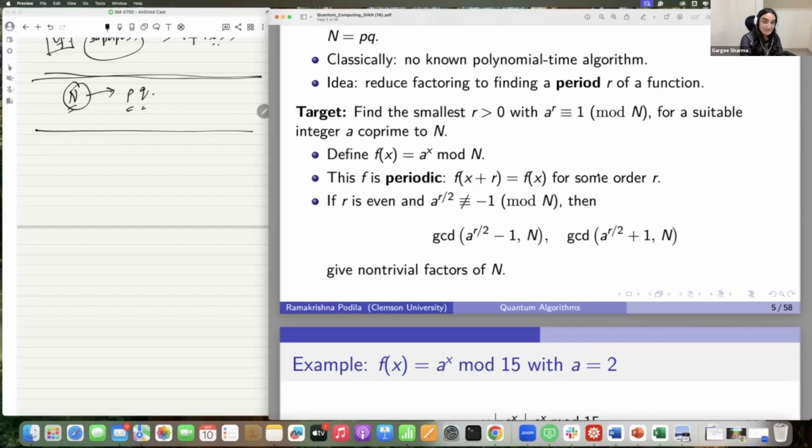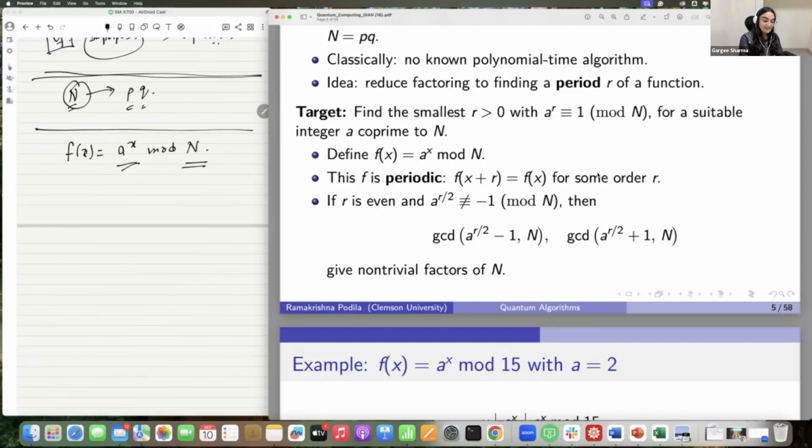What does this mean? Let's say you've defined some function f of x equals a to the power x mod n. Modulus means you divide this by n and take the remainder, right? And this function is actually periodic.